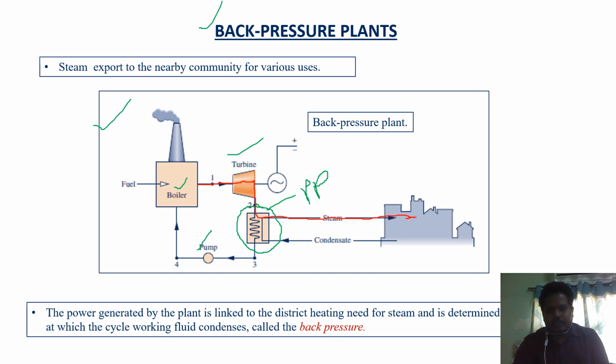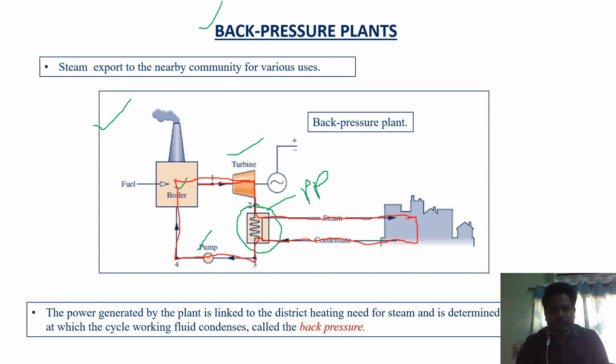Once this energy is utilized in the process plant, the condensate will be sent to the pump. From the pump, it will enter the boiler, where water will be converted into steam. Again, that steam will enter the turbine. It is a cyclic process.